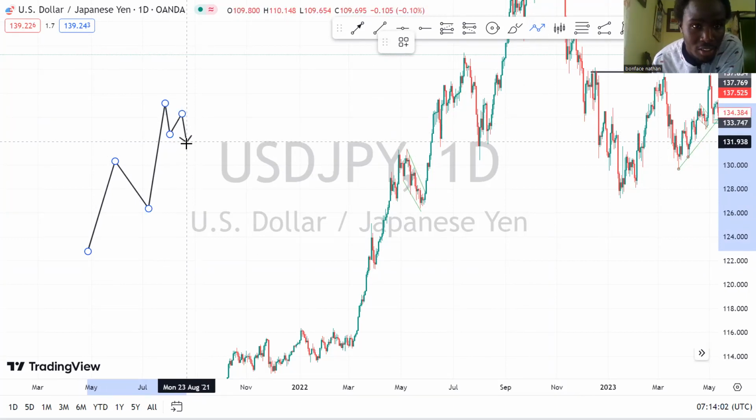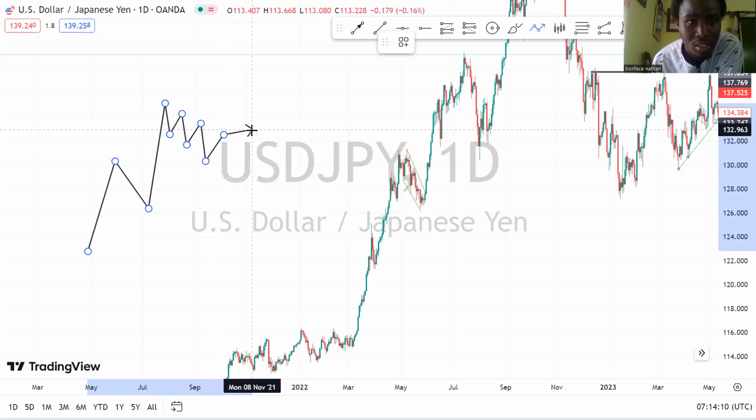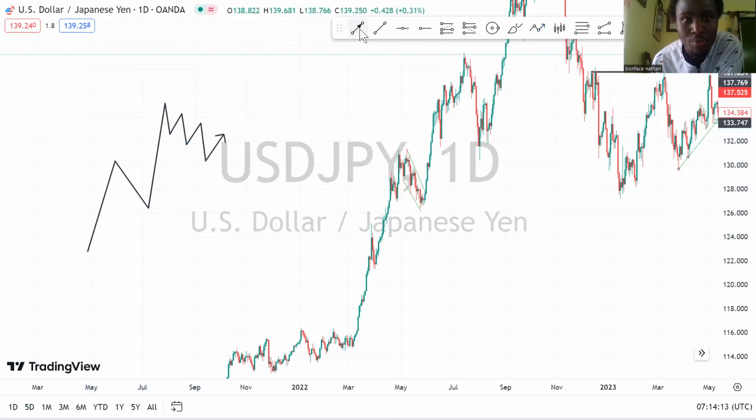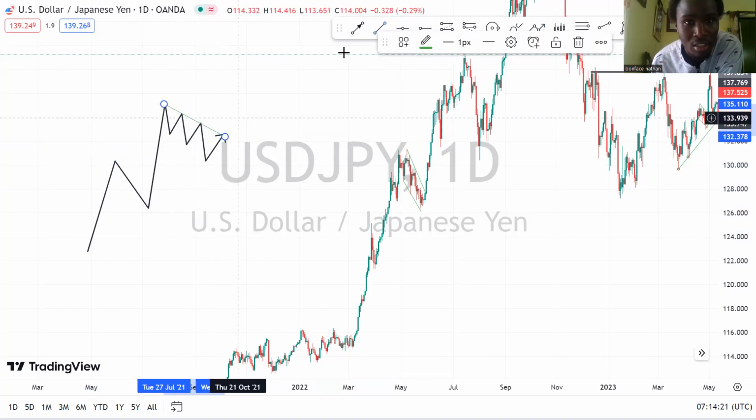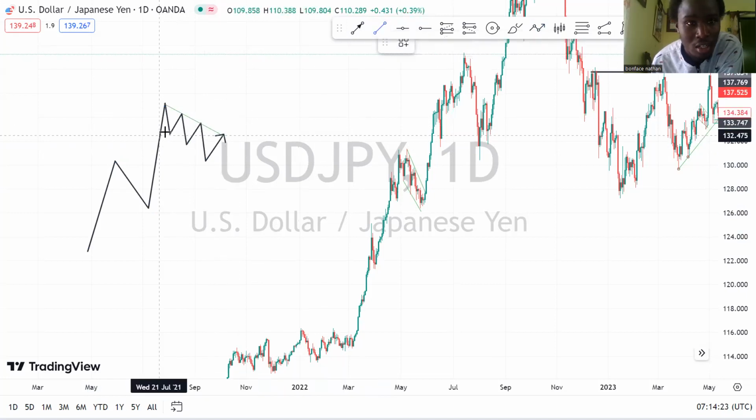Correcting in that sense, like this. It forms our flag. Flag is one of the continuation patterns. It forms this flag.